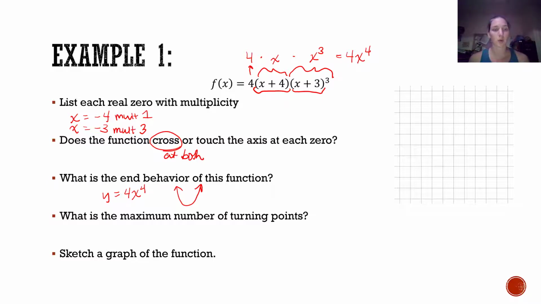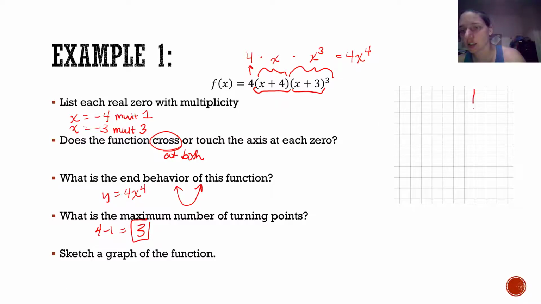Maximum number of turning points. Well, if the highest degree is 4, the max number of turning points is 3. And then we need to sketch it. Now here's a couple of tricks about sketching these. First of all, we know where our intercepts are, so we know the important pieces. Second of all, let's not do extra work that we don't have to do, right?